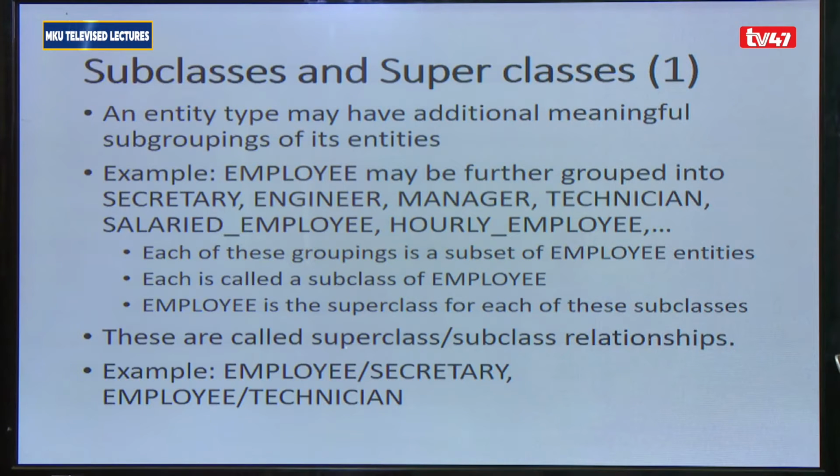Then there are abstract entities. A real entity in this case is a student. A student is physical. But a qualification is not something that you can touch or feel. It's something abstract. When you graduate from Mount Kenya University, you will graduate with a Bachelor of Science in Information Technology.